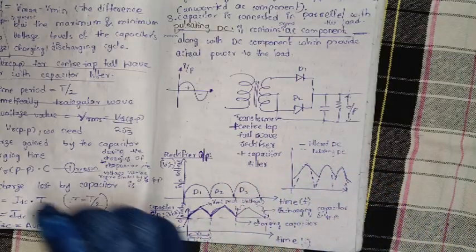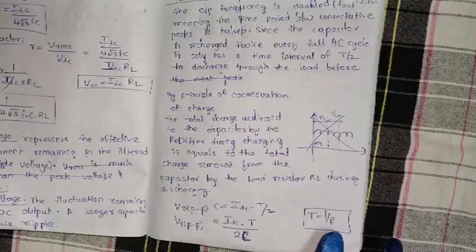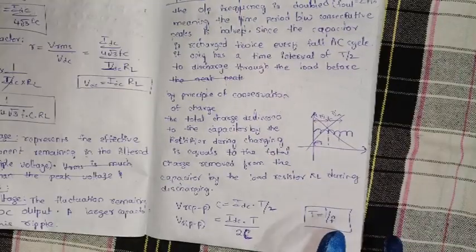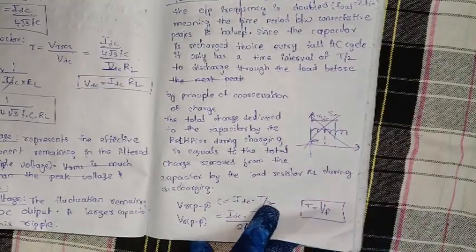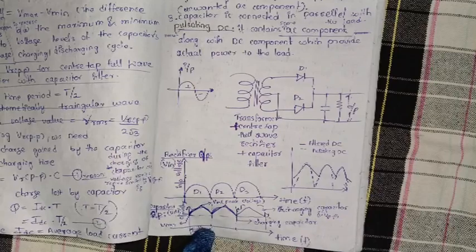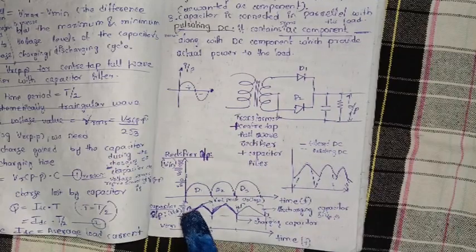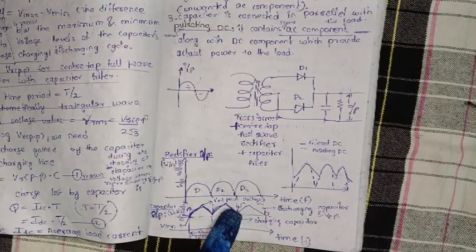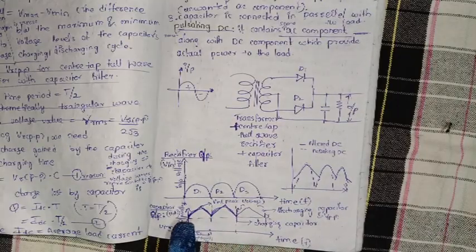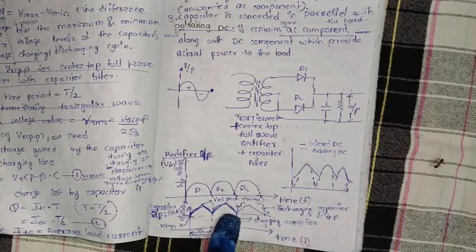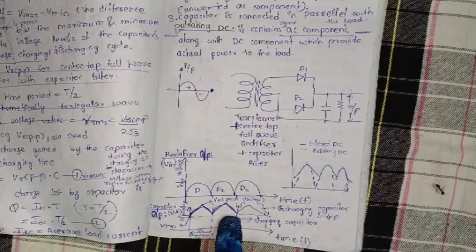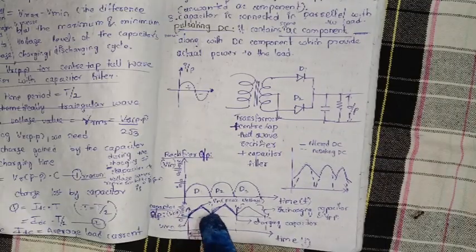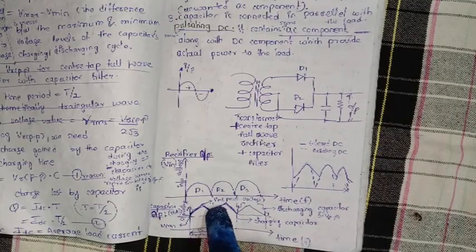Then it says that since the capacitor is recharged twice every full AC cycle, these two half cycles become one cycle. So how many times is it charging? Two times, 1 and 2.